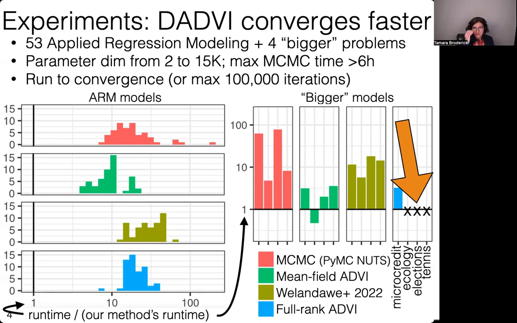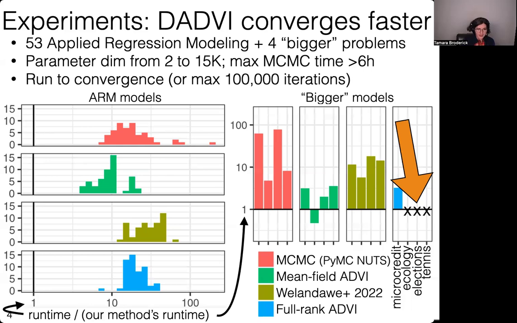Okay, so as we said, we notice on this slide that DADVI is converging faster than the alternatives, and in particular, reaching its default convergence criterion faster than the alternatives. And so now we want to ask, okay, well, that's only meaningful if it's at least as accurate. So is it at least as accurate? There's two things that we want to check here.